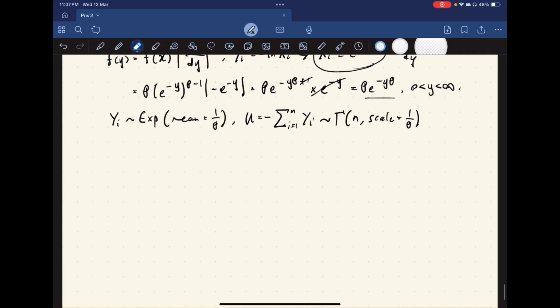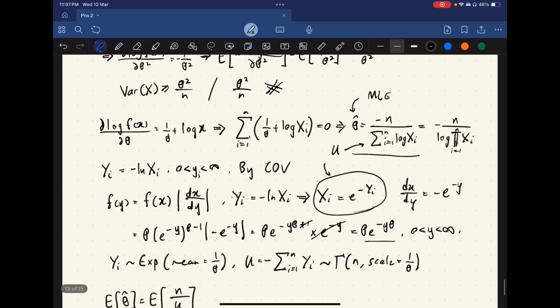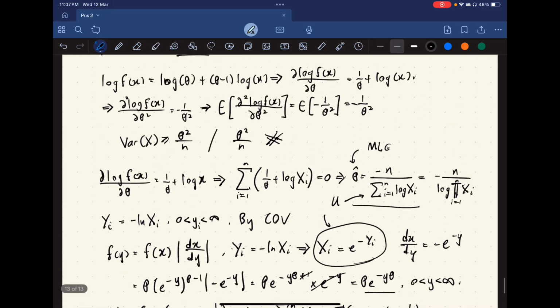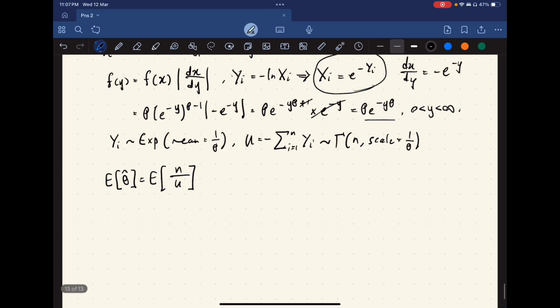So to find the expectation, we can simply expand theta hat into n over U, because theta hat equals n over U, where U is the negative sum of the logs of the random variables. Then this corresponds to the integral of n over U.